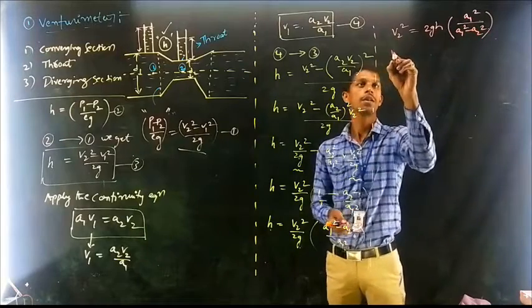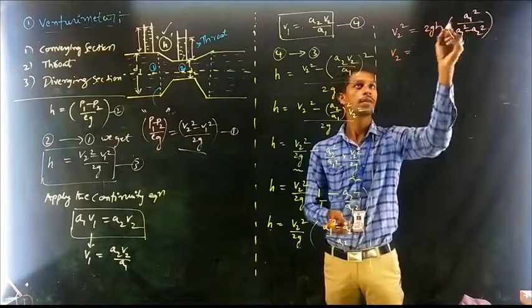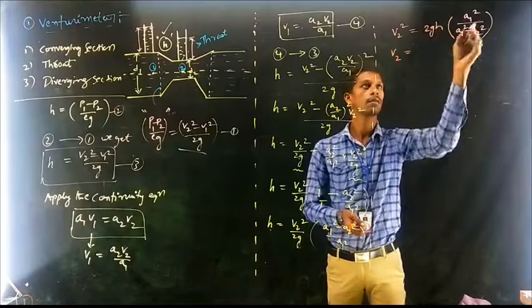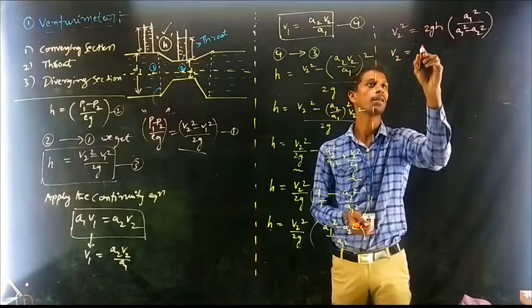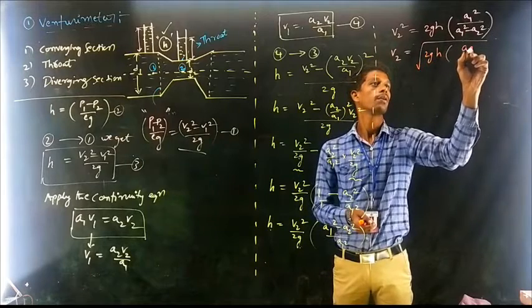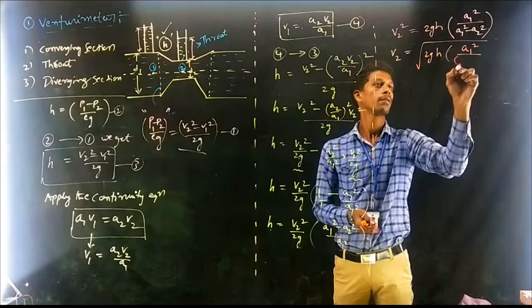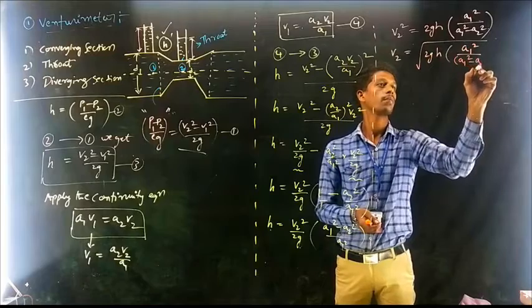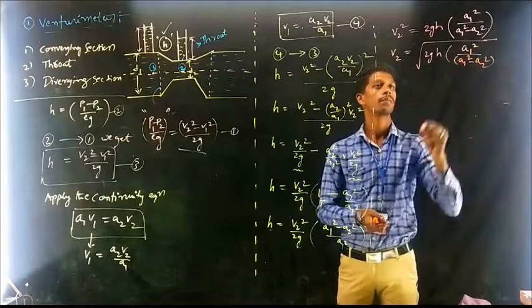Then what about V2 here? This square will come as a root. Square root of 2GH into A1 square by A1 square minus A2 square.